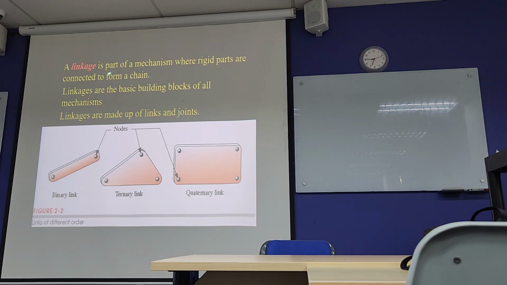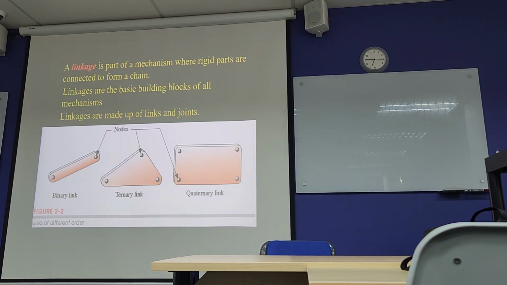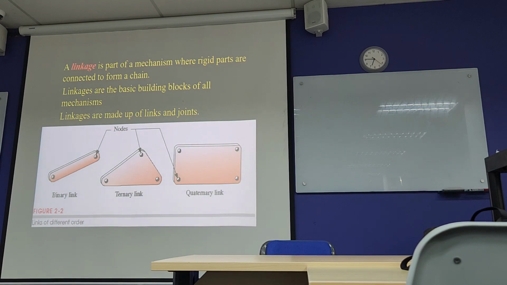Okay. Now, when we talk about links and linkage, a linkage is a combination of links, where rigid parts are connected to form a chain. These linkages are the basic building blocks of a mechanism.